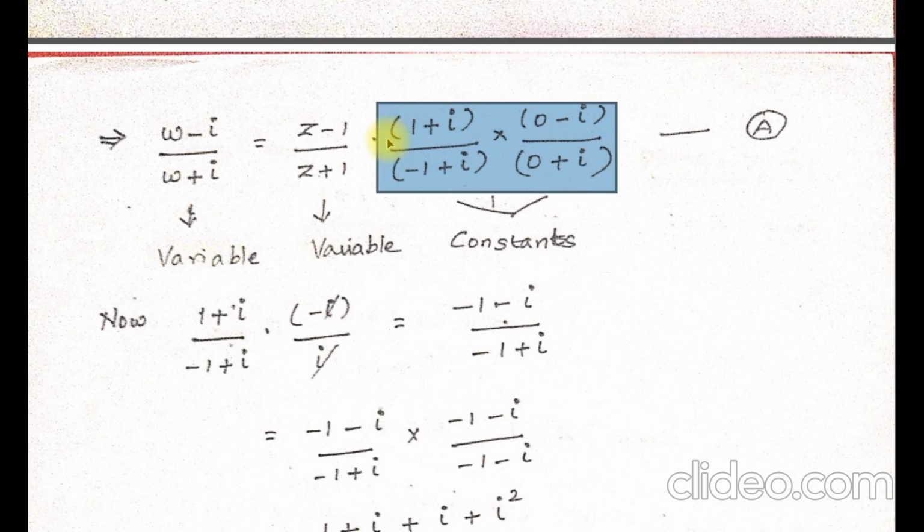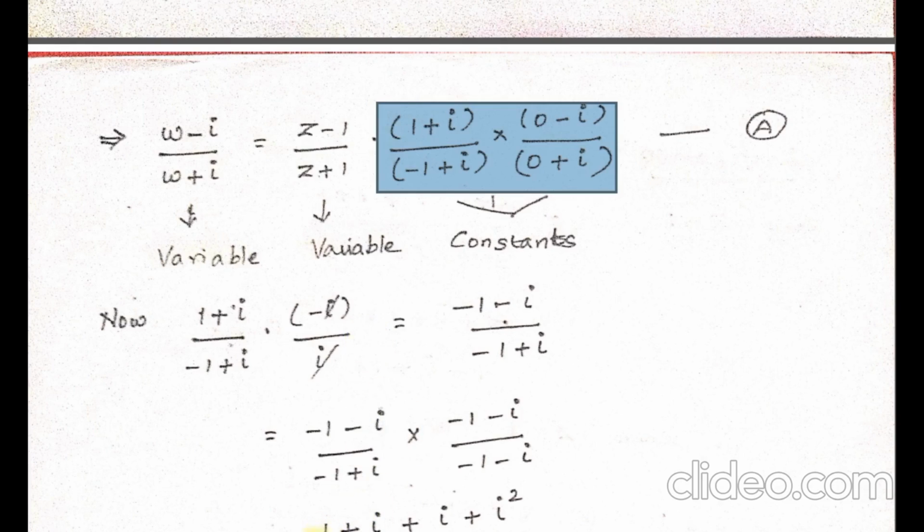What is standard complex form? Standard complex form means it should be of the form a plus ib, that is the real part plus imaginary part. If you can find out what is the real part and what is the imaginary part, then it is over.